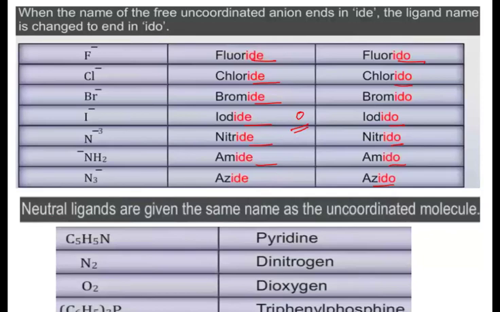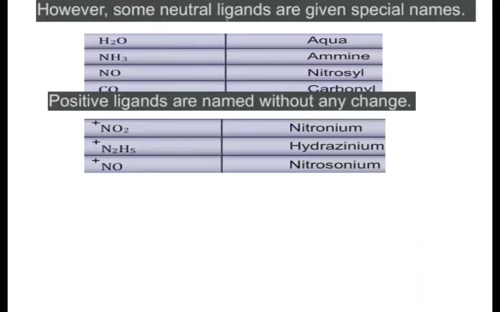Then there are certain neutral ligands. Neutral ligands are given the same name as the uncoordinated molecule. For example, pyridine, dinitrogen, dioxygen, triphenylphosphine. There are some neutral ligands given special names. For example, water, H2O, when acting as a ligand is written as aqua.